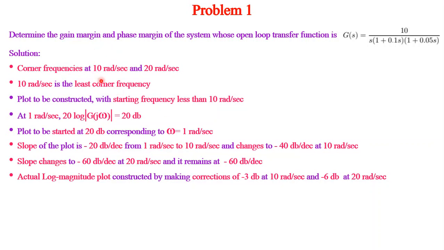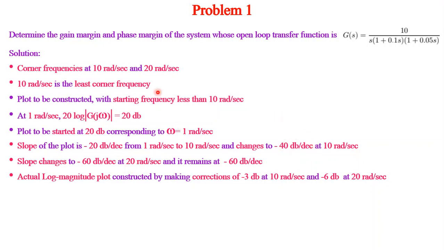What is the next corner frequency? 10 radian per second. At 10 radian per second, the slope changes from minus 20 to minus 40 because 1 by 1 plus 0.1s changes its slope from 0 to minus 20. Minus 20 minus 20 is minus 40 at 10 radian per second.